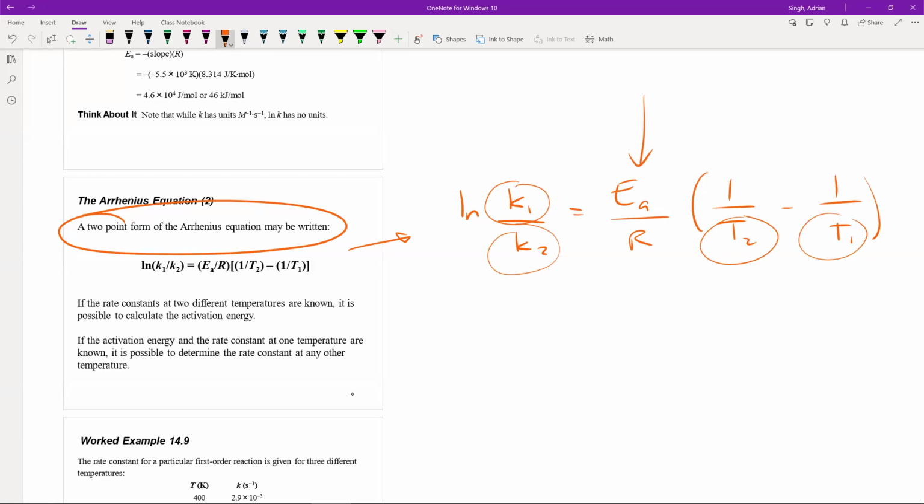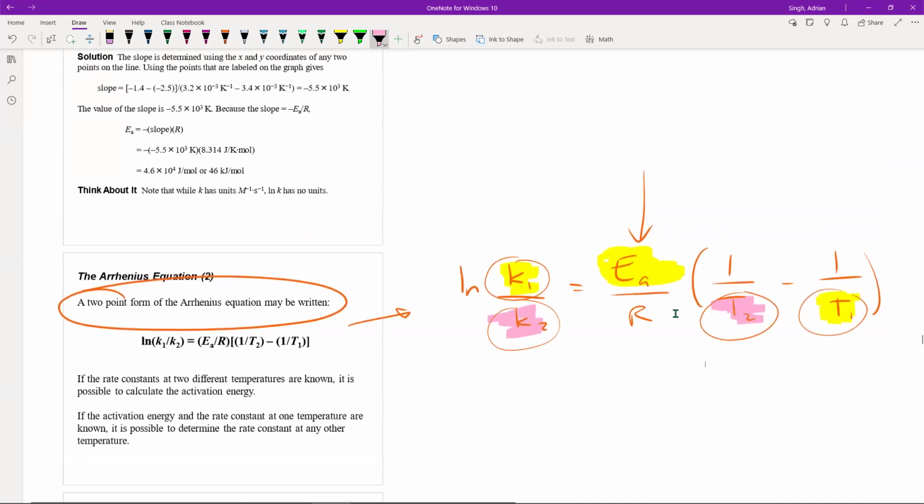Similarly, if we know the activation energy, and we know the rate constant, k1, at one particular temperature, we can determine the value of the rate constant k at any other temperature, right? So we can do a couple different things at least if we have this 2-point form of the Arrhenius equation.